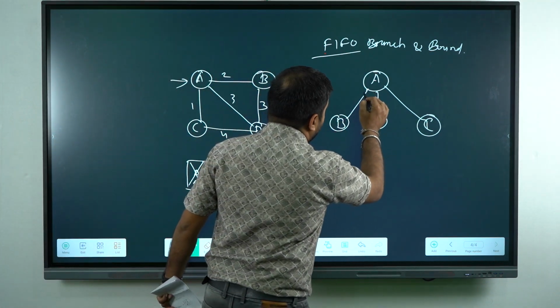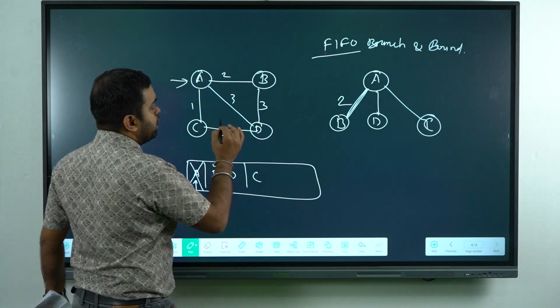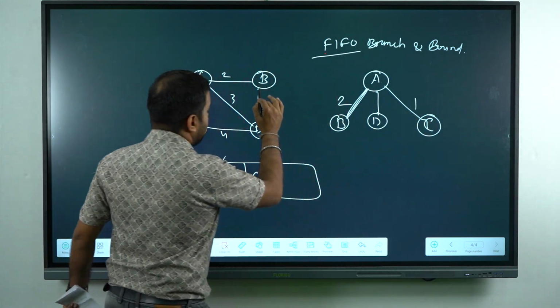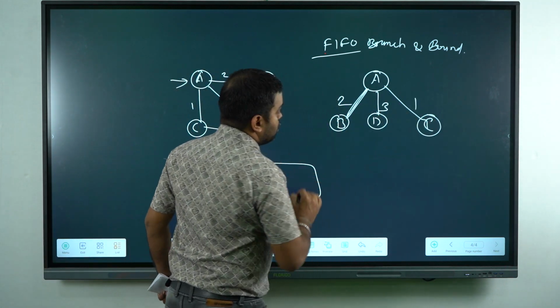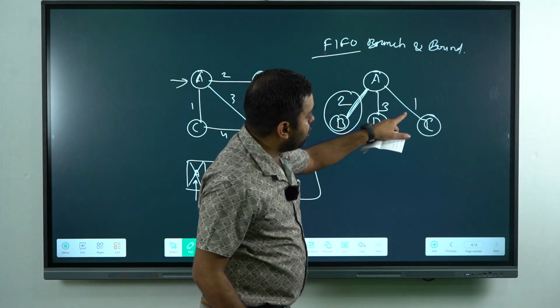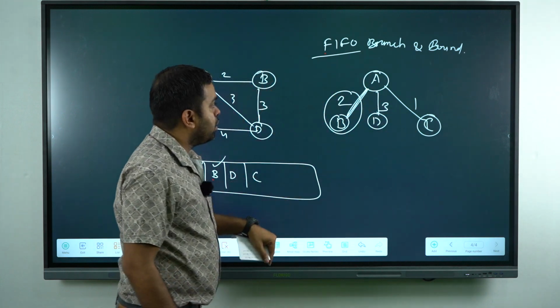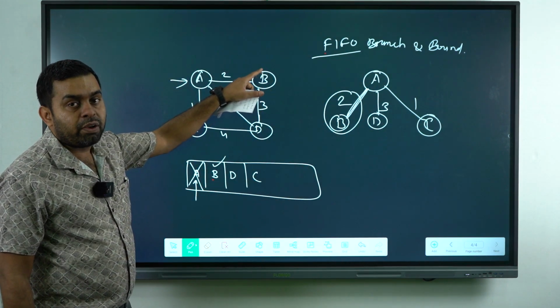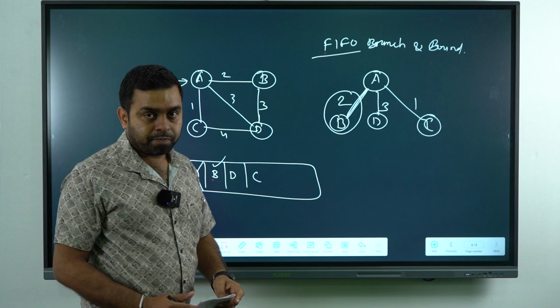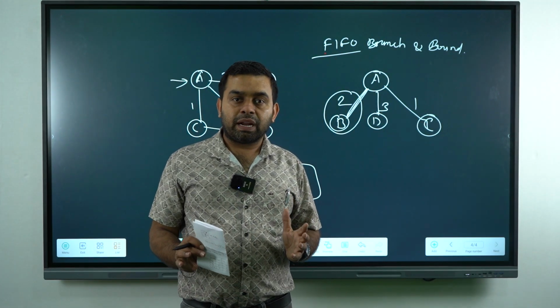So we have to go from A to B. But A to B cost is 2 rupees, A to C cost is 1 rupee, A to D cost is 3 rupees. So here we are selecting B, meaning we are leaving the least cost. So that is the problem. That's why we are not using FIFO branch and bound everywhere. So this is FIFO branch and bound.